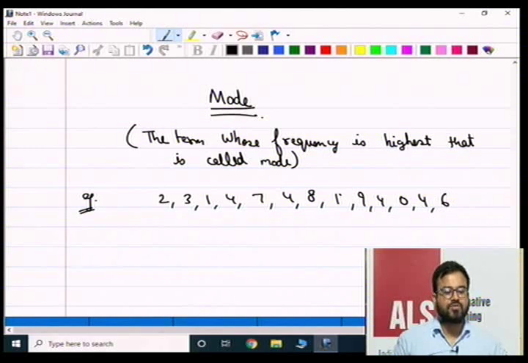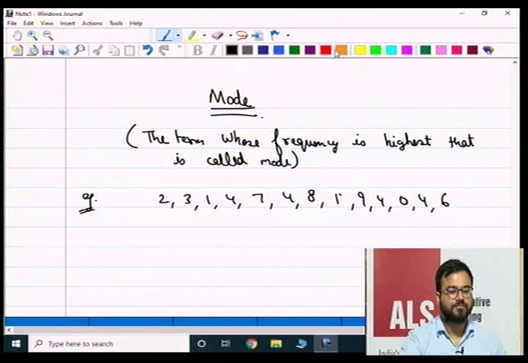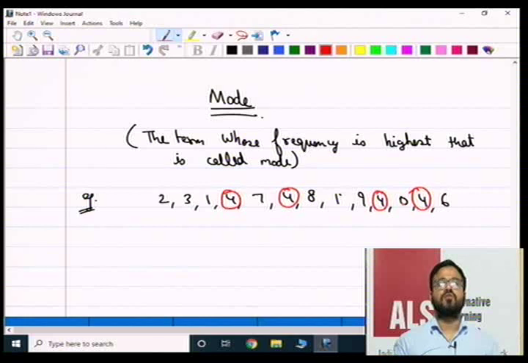If I ask you what is the mode of this data, you will see which number appears most, that is called the mode of the data. Here if you observe, this 4 is appearing 4 times. So 4 is called the mode of the data because its frequency is the highest.